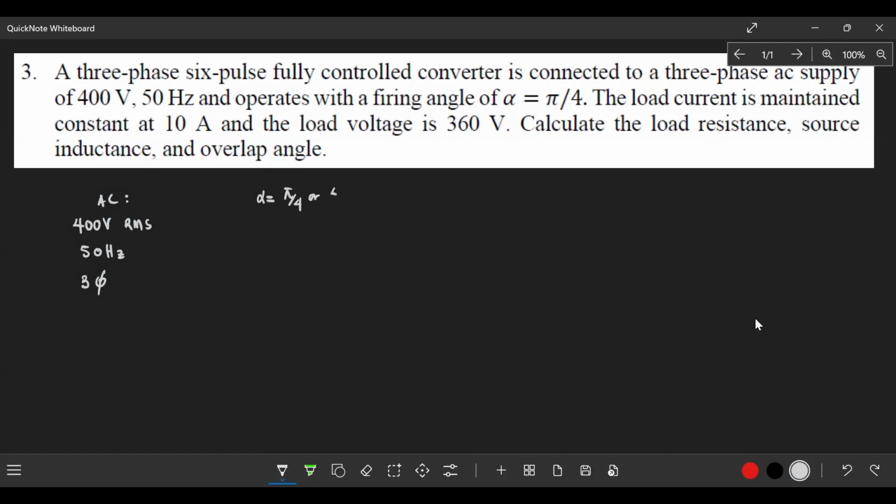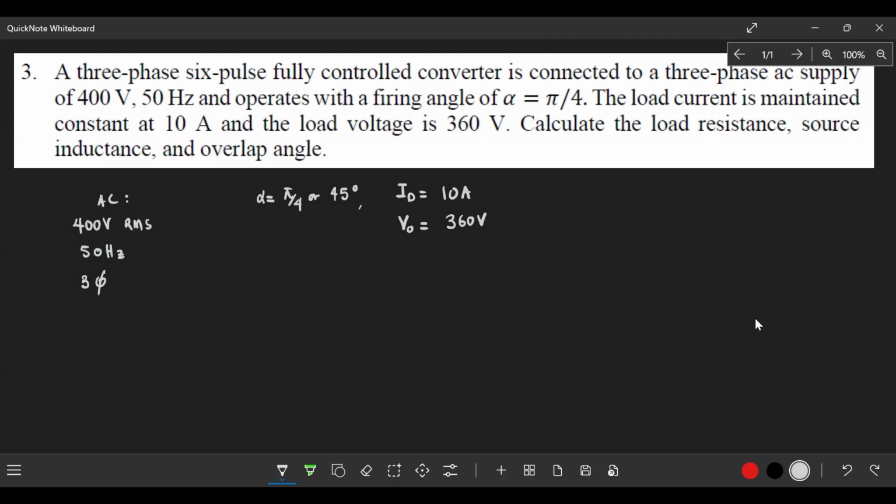What else are we given? We're also given the load current, which I name ID or IO, which is 10 amps. The voltage output is the load voltage because this is a load we are supplying. We are converting this 400 volts to some DC, and that DC is 360 volts in this case.